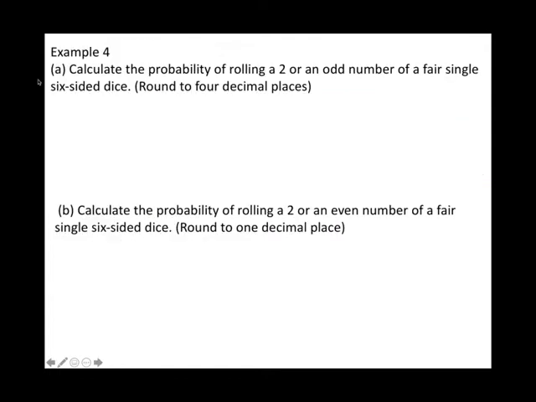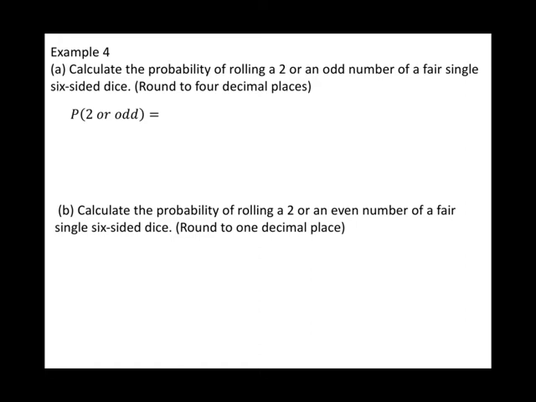Okay, example 4. Calculate the probability of rolling a 2 or an odd number on a fair single six-sided die. So we are looking for the probability of 2 or odd. So think about it, if these two events are mutually exclusive or not mutually exclusive. This is going to be mutually exclusive, right?